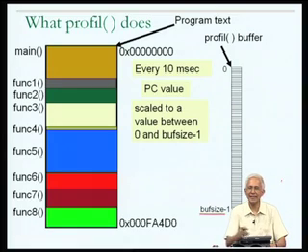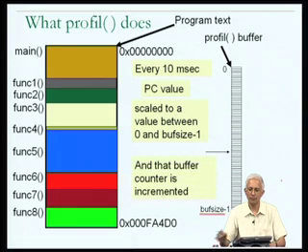So some scaling is done of the PC value to a value between 0 and buff size -1. Then that buffer counter is incremented. So that's how the PC sampling mechanism happens. As the program executes, thanks to the profile system call, once every 10 milliseconds, one or the other of these counters gets incremented.